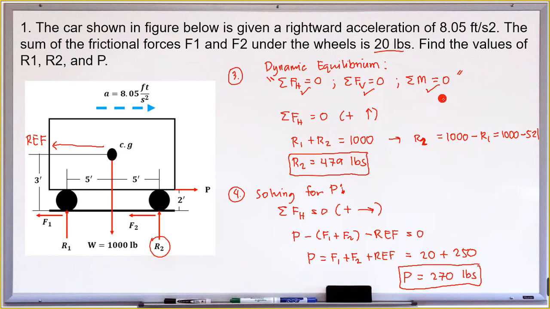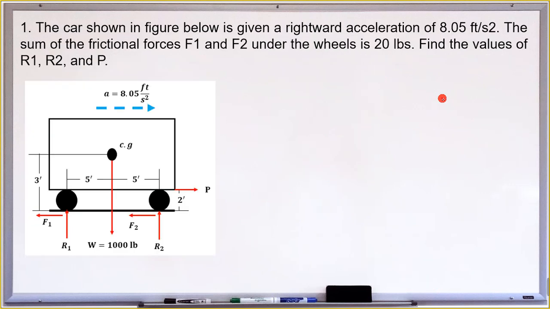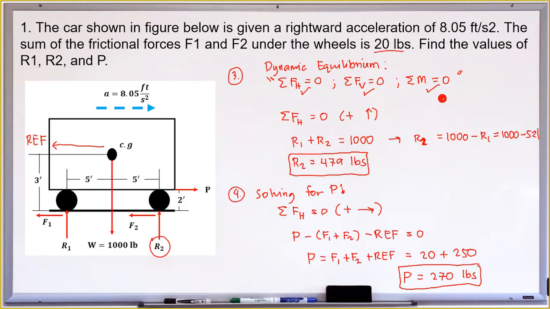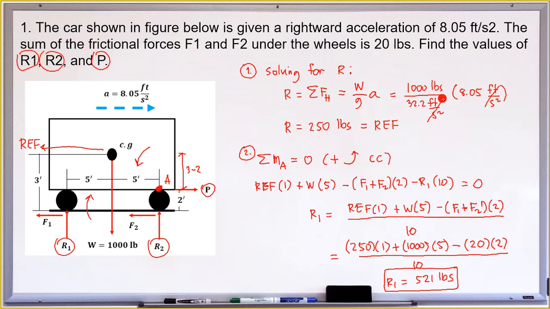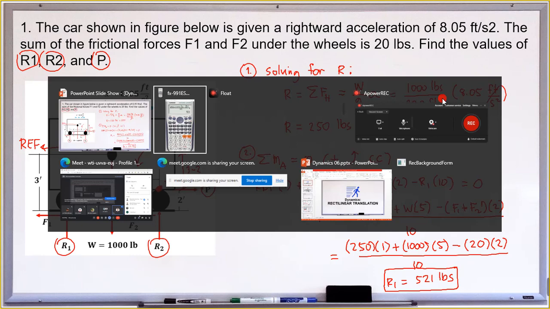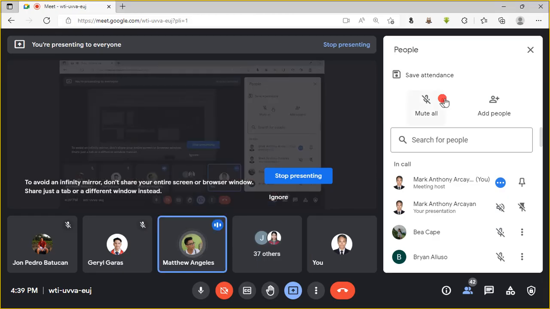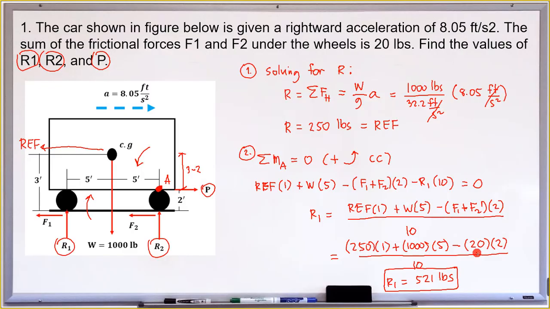Okay, so before we proceed to the second problem, do you have any questions with regards to the first problem? Any questions? I think they chatted. Any questions? Sige, go ahead.